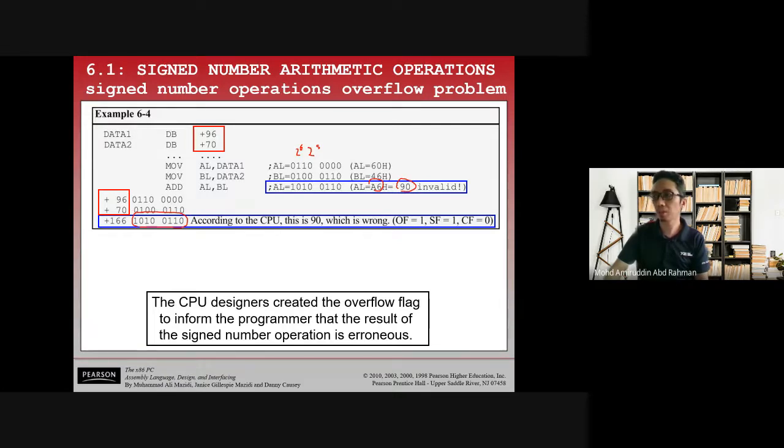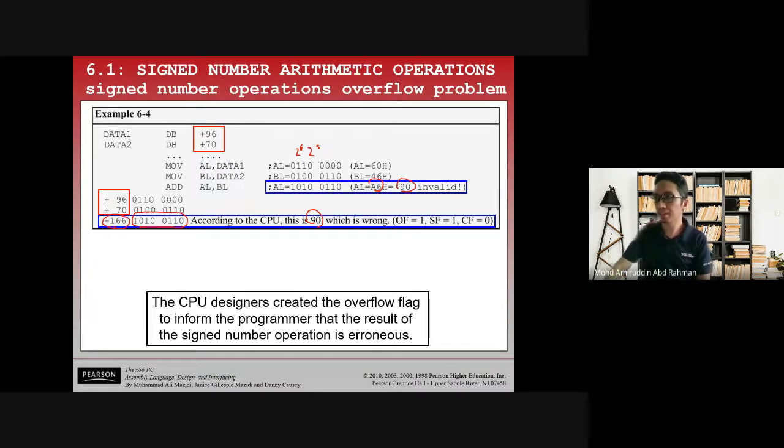So in order for you to get the correct result, it needs to show that the number is 166. But because the CPU shows that the result is 90, which is wrong.